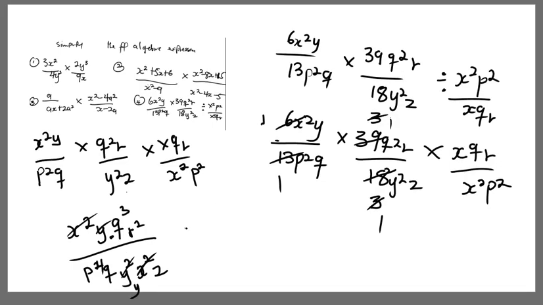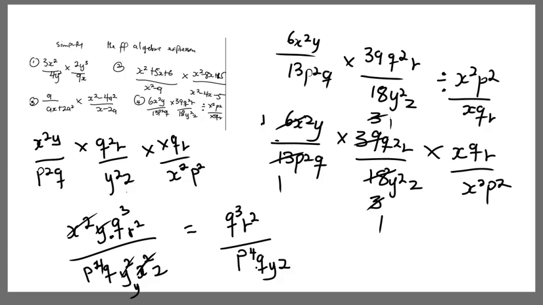So let's rewrite what we now have here. We now have q cube r squared over p to the power 4 q y z.